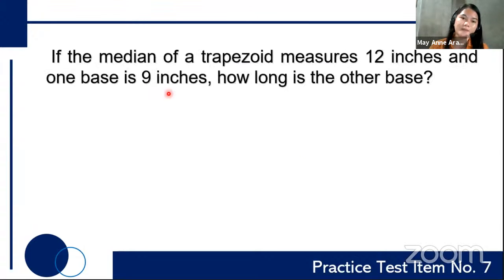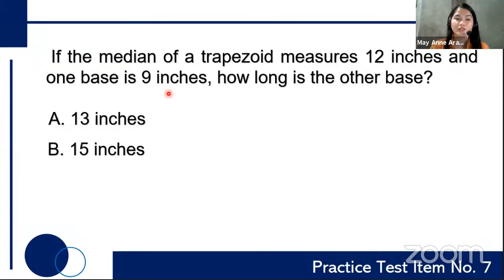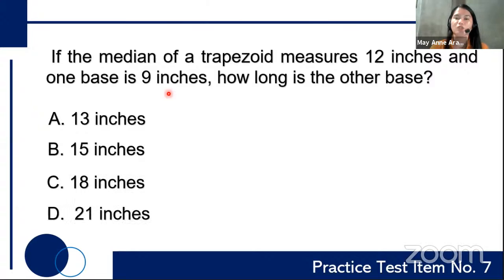Okay, next, if the median of a trapezoid measures 12 inches and one base is 9 inches, how long is the other base? It's a trapezoid. So we have A, 13 inches, 15 inches, 18 inches, and 21 inches.